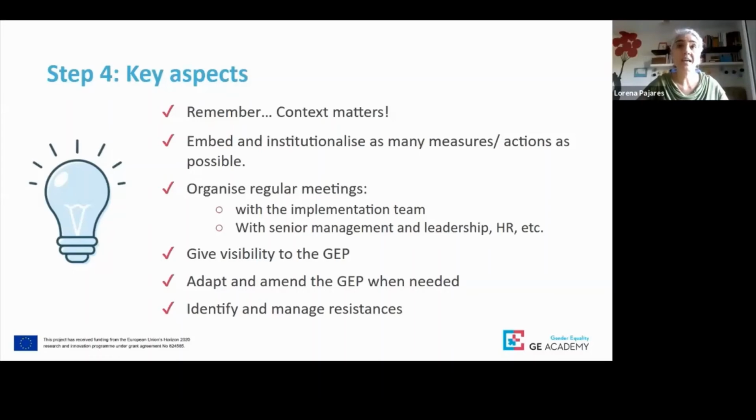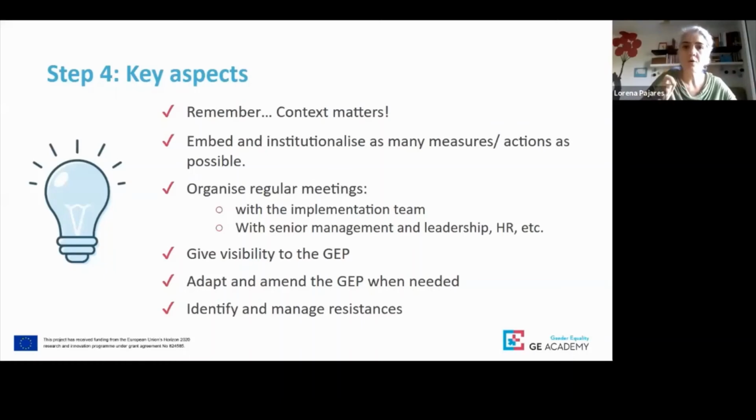And then we also need to organize regular meetings with senior management and leadership. We need to permanently ensure their engagement and their commitment. So this is an ongoing activity. And also with other key actors, again, remember our key actors map, like human resources, and depending on the actions and on the phase, it will be different ones.